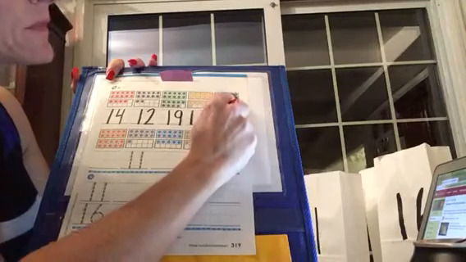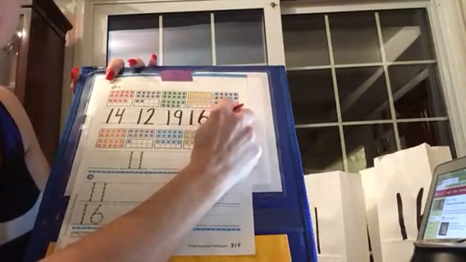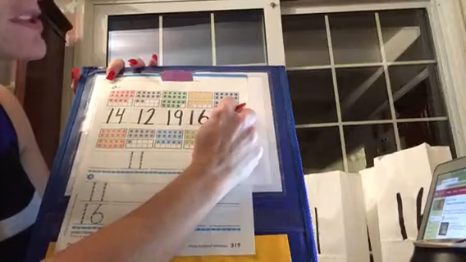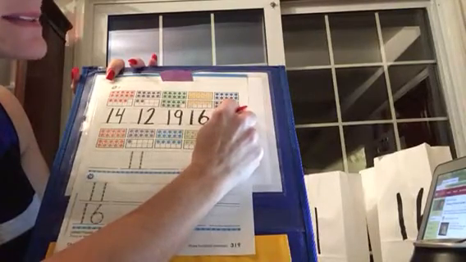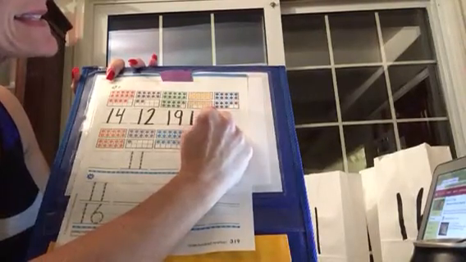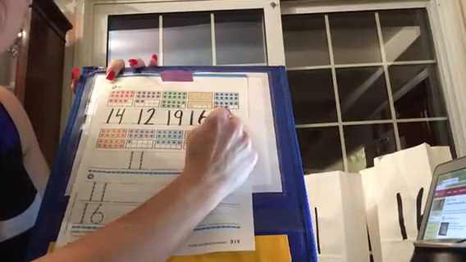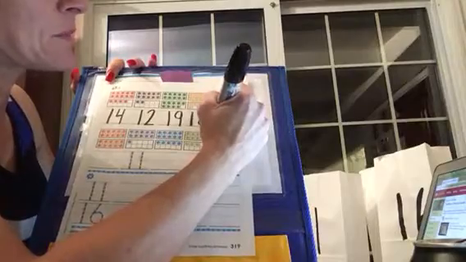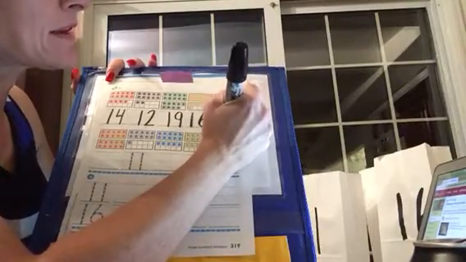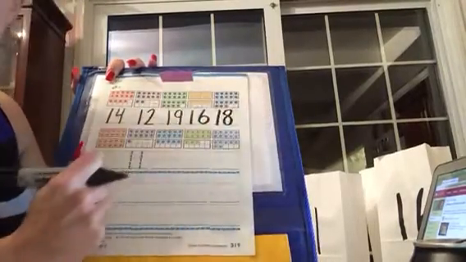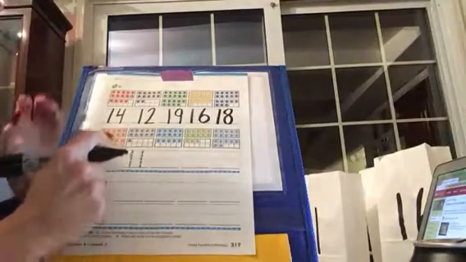We know this is a group of 10, and 5 more is 15. And then we could just count up from 15. Let's see what else there is. 16, 17, 18. Yeah, we were breaking down that number in different ways, weren't we? But no matter what way we look at it, we know there are 18 blue dots there.